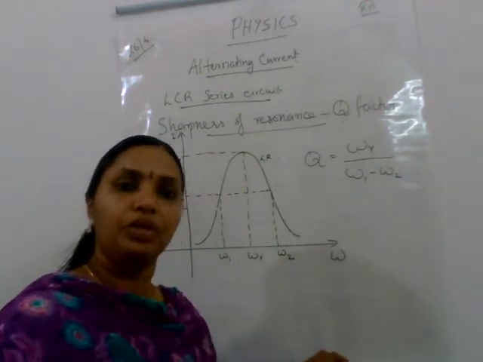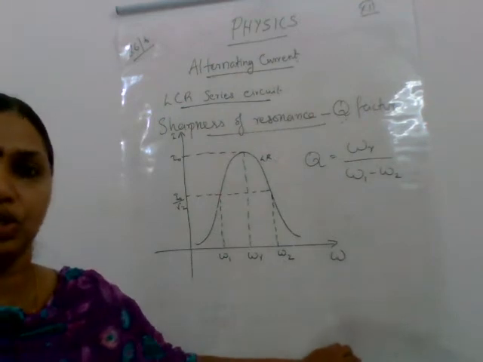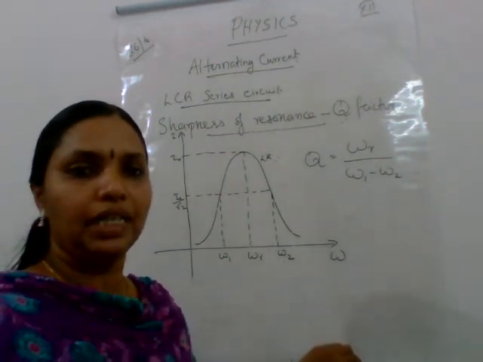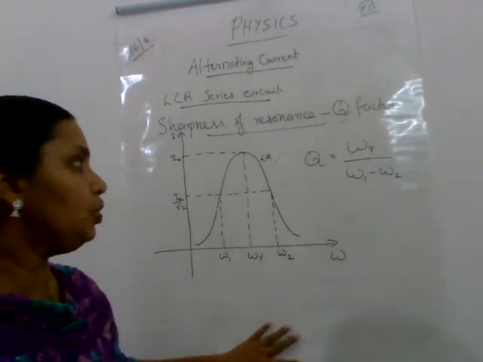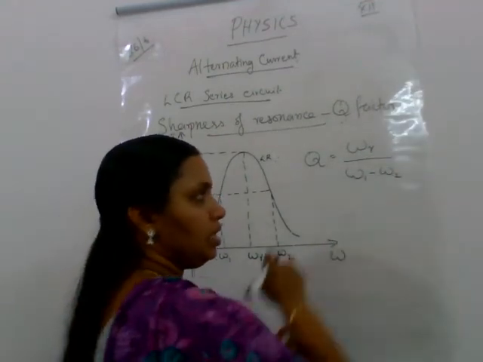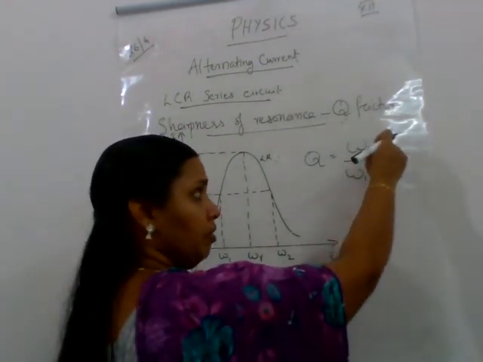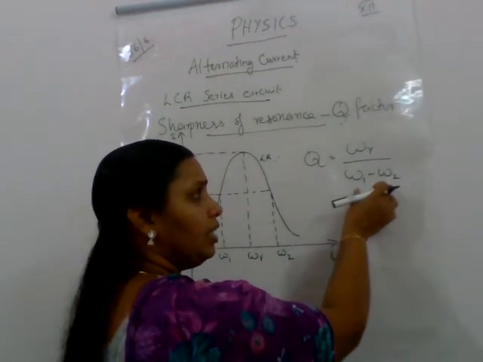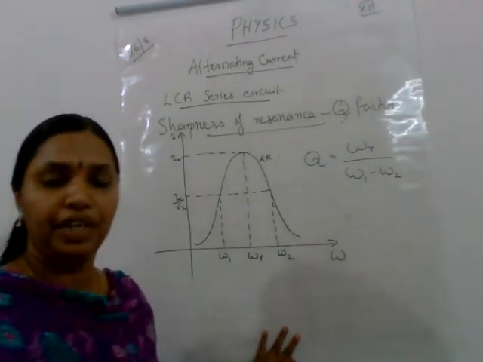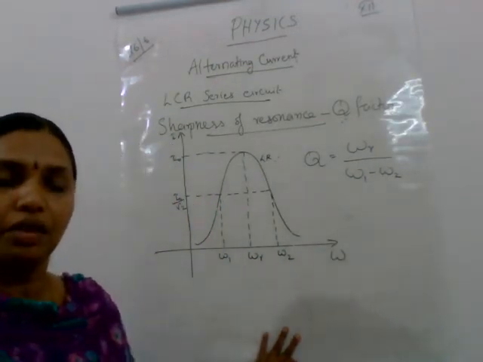So what is Q factor? It is the ratio between two frequencies. Which are the two frequencies? One is the resonant frequency and the other one is the difference between two frequencies. And what are the difference frequencies?